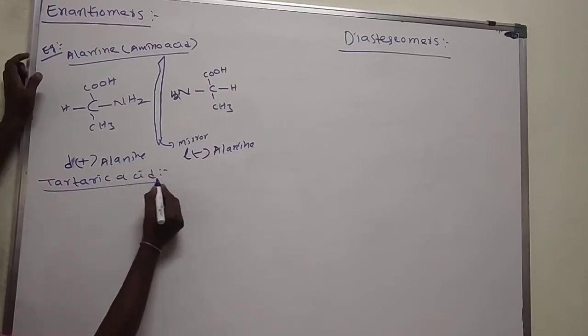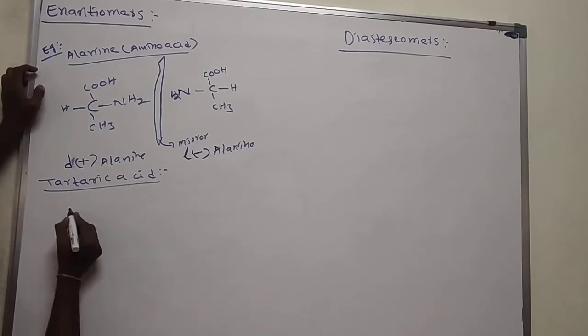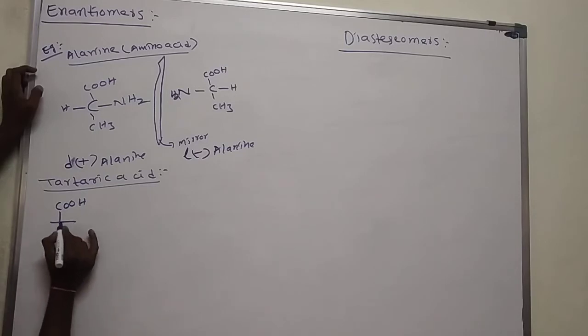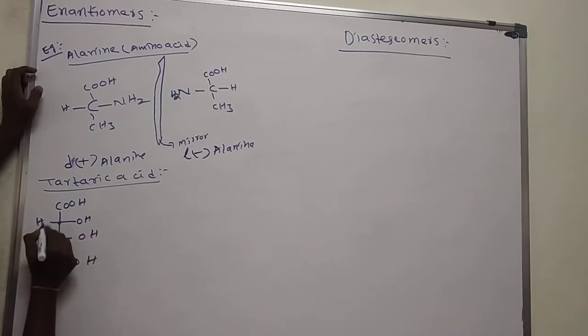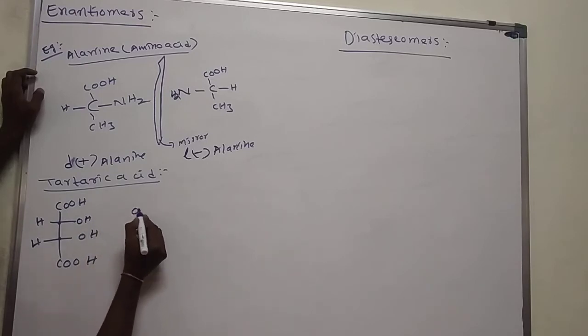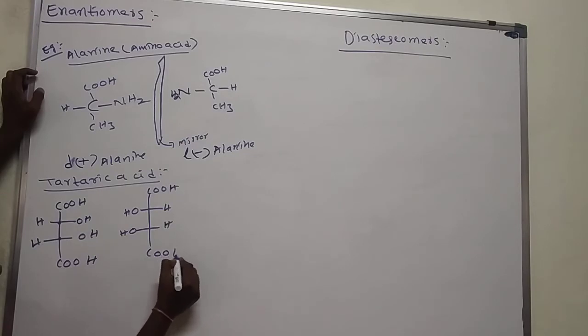This is a familiar example in stereochemistry. The structure of tartaric acid is COOH, then carbon, here OH, here OH, COOH, here H, here H. Here I am writing one more: OH, H, H, COOH, COOH.